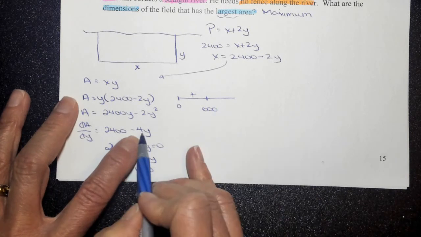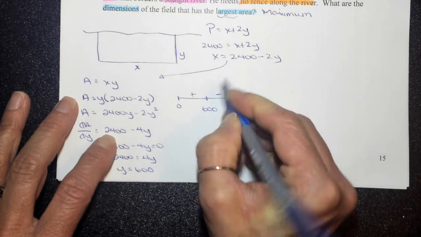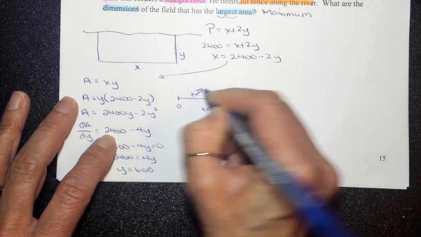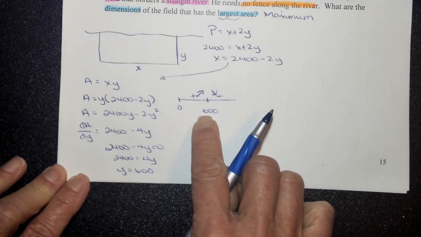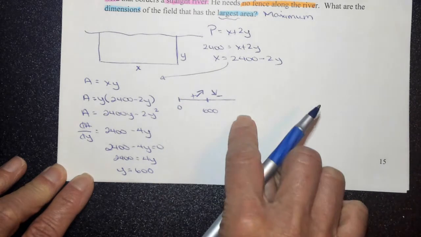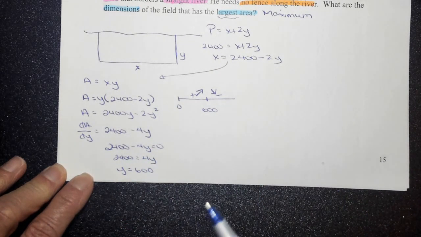Pick something easy. 4 times 700 is 2800. So 2400 minus 2800 is going to be negative. So remember, here we're increasing, here we're decreasing. Therefore, this is a relative max. Now again, this is not any kind of justification. It's just proof or verification for yourself.